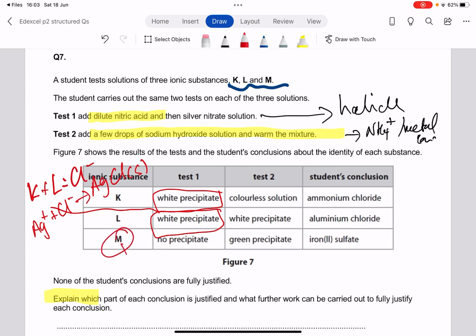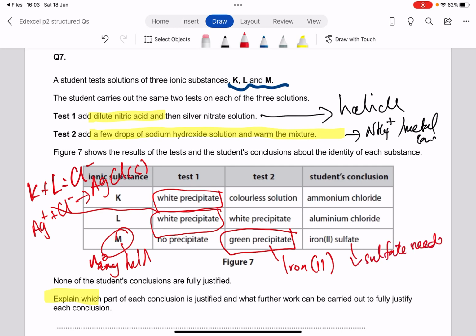M does not contain any halides, so no halides here. Forms a green precipitate with sodium hydroxide, so it must be iron sulfate. Well, it is iron, so it does contain iron too, so I agree with that. However, sulfate needs a further test with a solution of barium chloride. So I would get that mark.